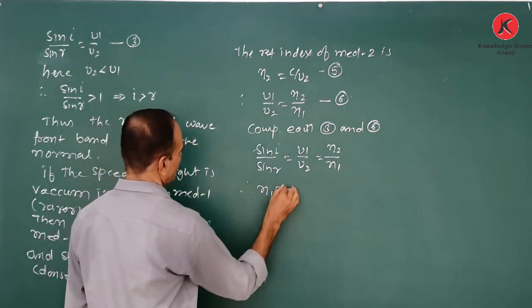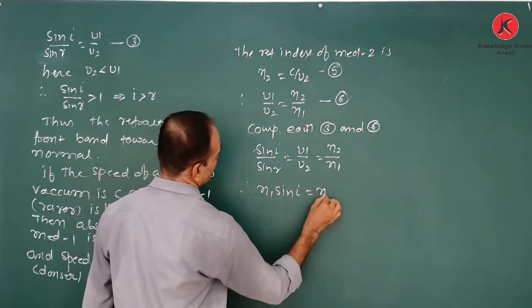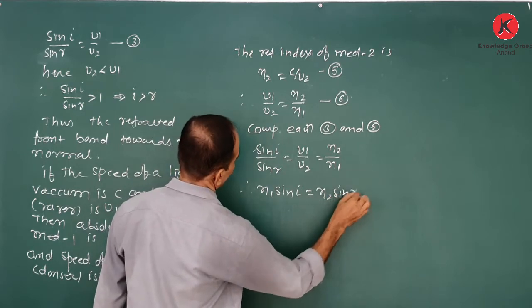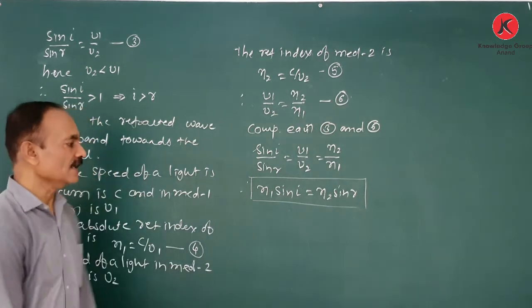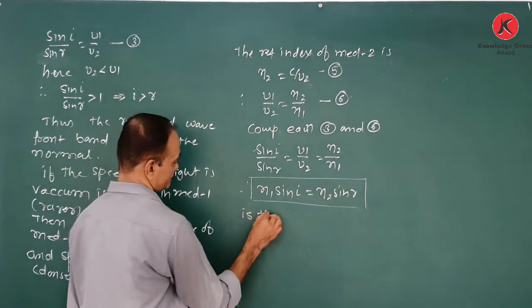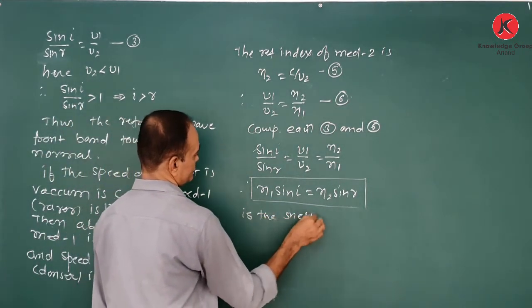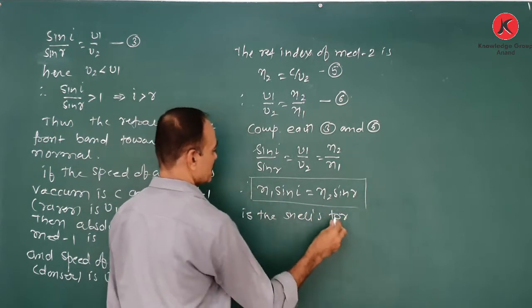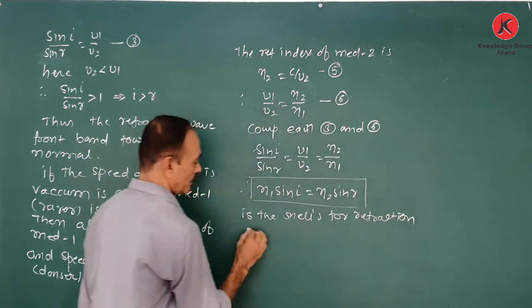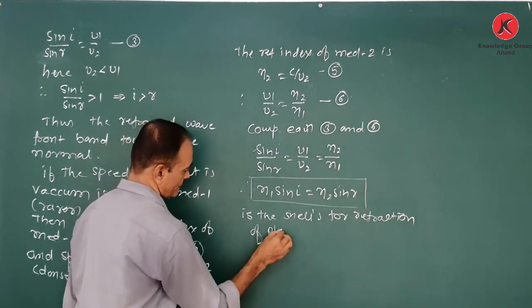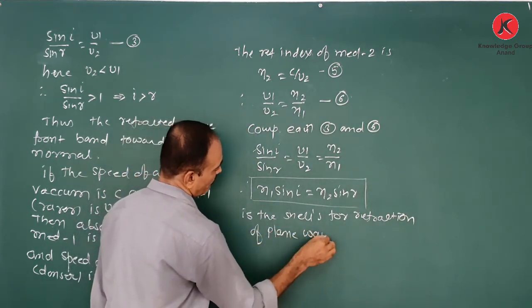Therefore, N1 sin I is equal to N2 sin R. This is Snell's law for refraction of a plane wave front.